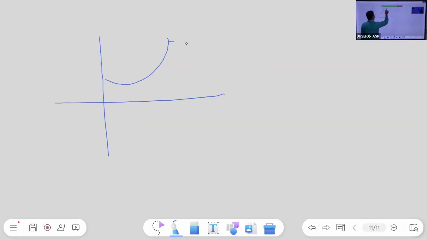This is suppose the curve y is equal to f of x. This is the point x. This is a. This is a plus h. This is a minus h.